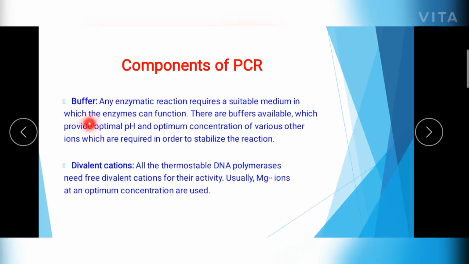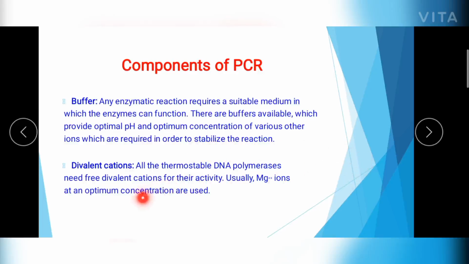All these components are mixed in a suitable medium, so for that you will be using the buffer, and these buffers provide optimal pH and optimum concentration of various ions which are required to stabilize the PCR reaction.